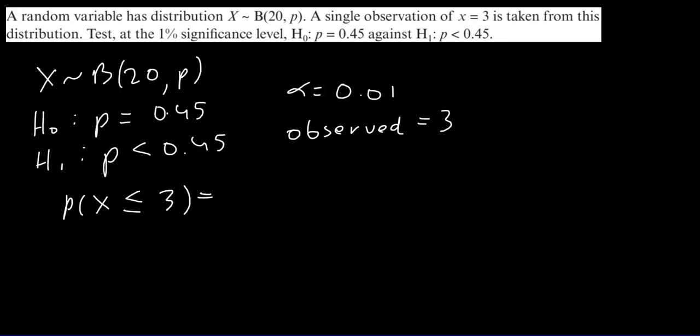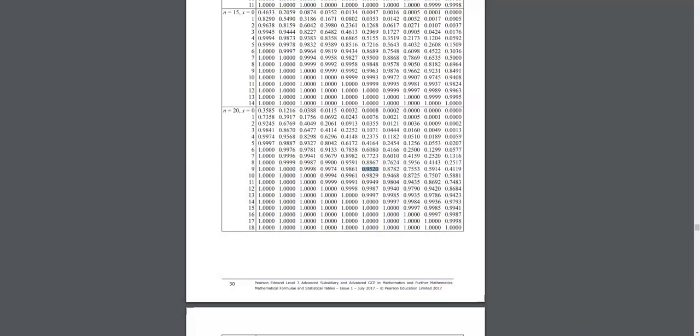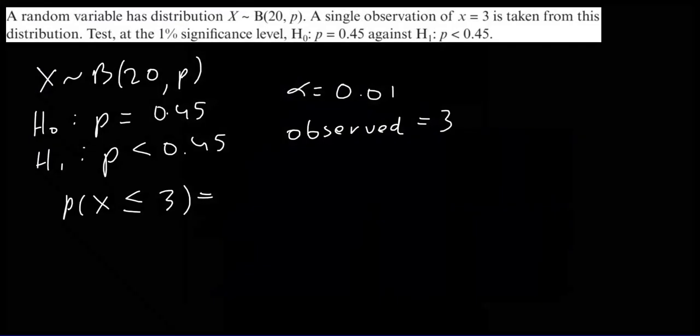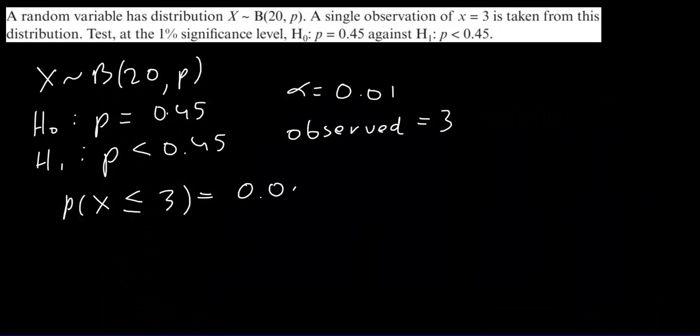So now I'm going to go over to the tables again and look in the right column. Less than or equal to 3 is this probability here, 0.0049. Now what do I compare this to? I compare this to my significance level. This is less than 0.01.